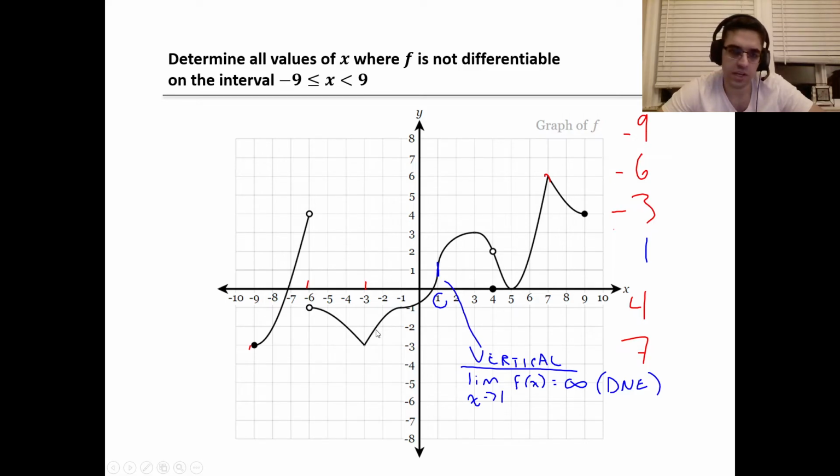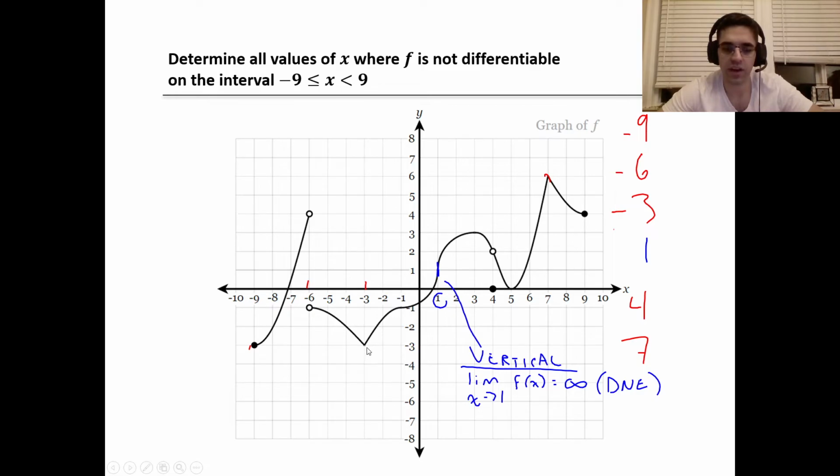If we approach -3 from the right, we'd have a tangent line like this with a positive slope. Well, if the left has a negative slope and the right has a positive slope, there's no way the derivative from the left can equal the derivative from the right. So we say this is not differentiable. Continuous, but not differentiable. So -3 would be a point that's not differentiable.